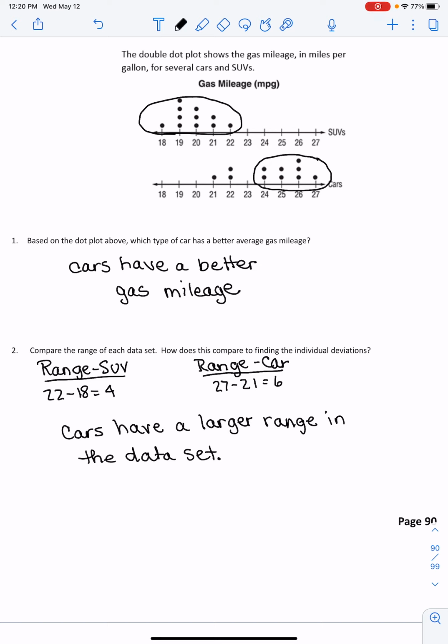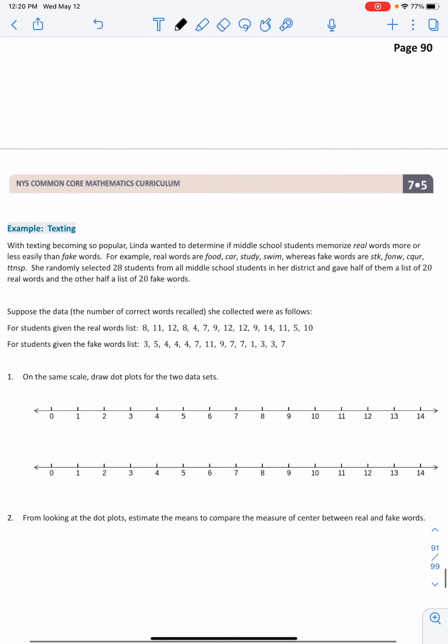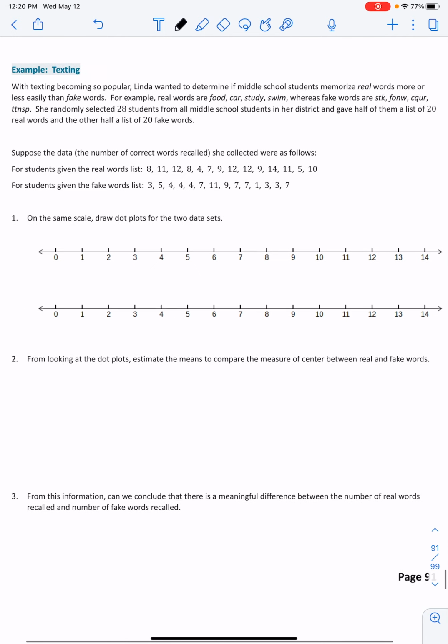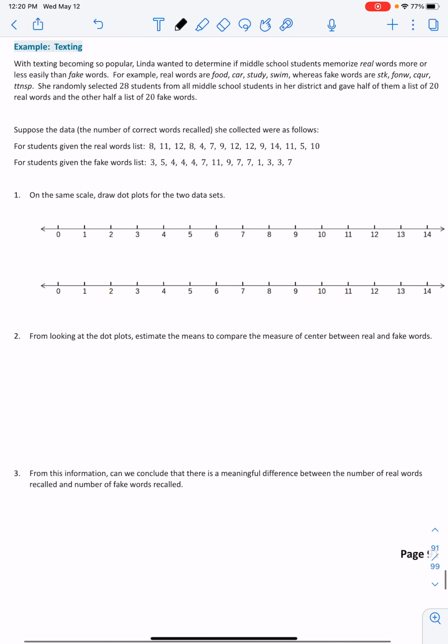Okay. Now, let's do an example together. With texting becoming so popular, Linda wanted to determine if middle school students memorize real words more or less easily than fake words.